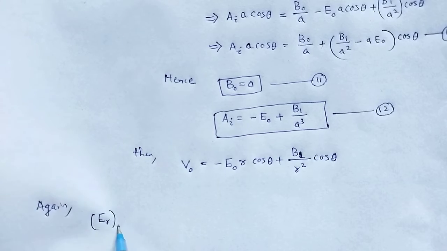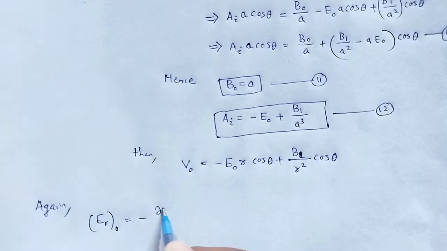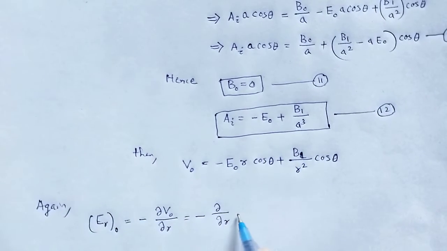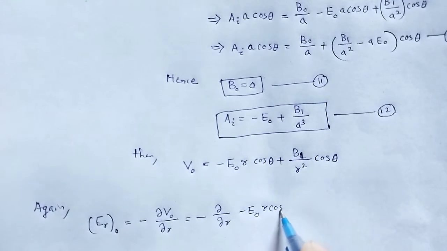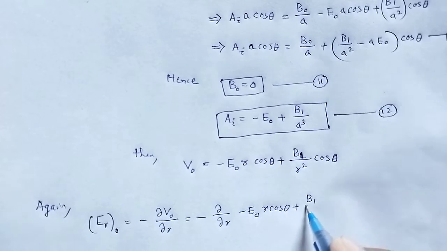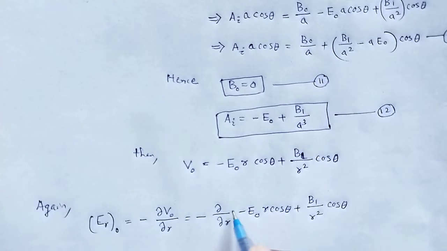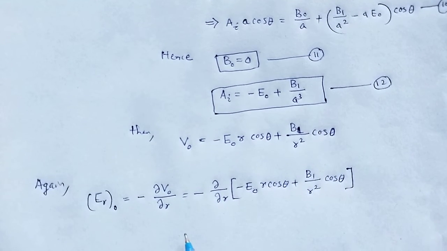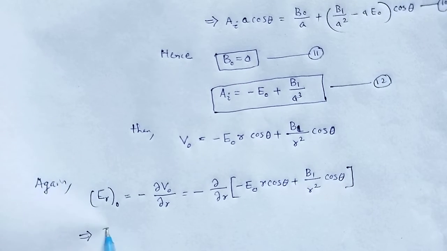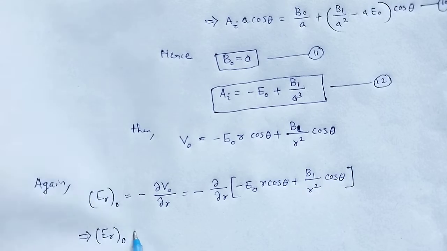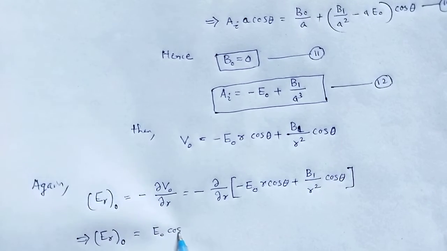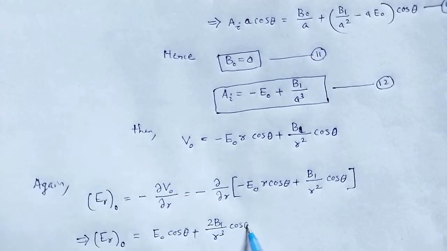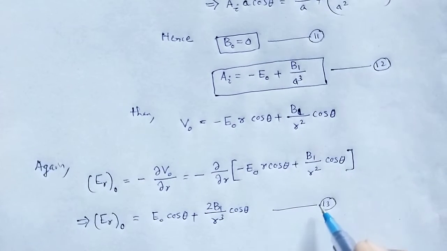E radial outside is equal to minus del V outside del R, minus del by del R of minus E naught R cos theta plus B1 by R square cos theta, which implies E R outside is equal to E naught cos theta plus 2B1 by R cube cos theta. Equation number 13.